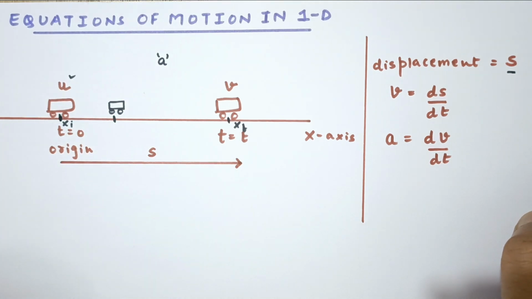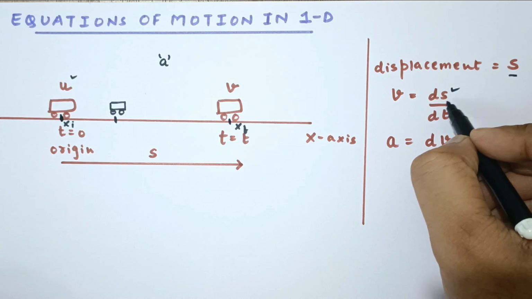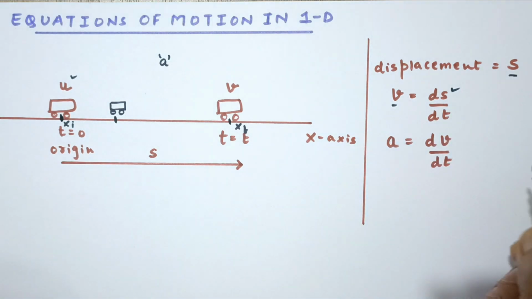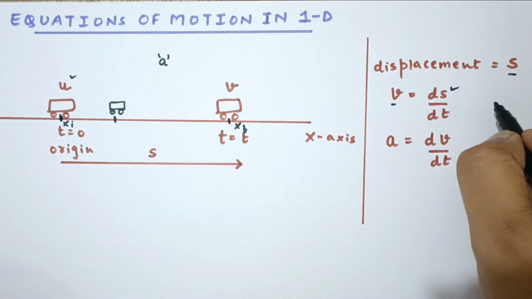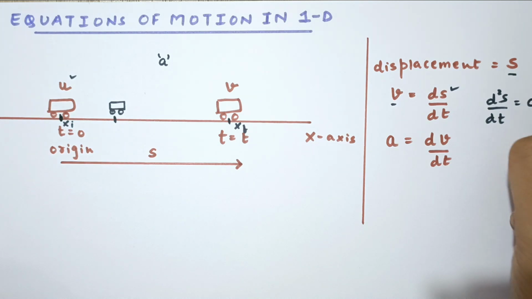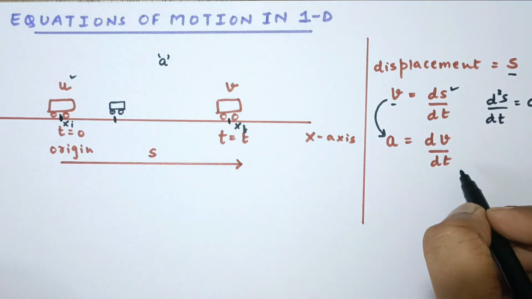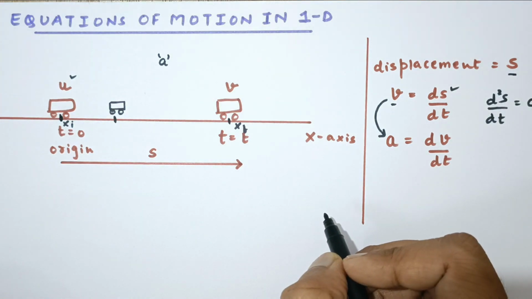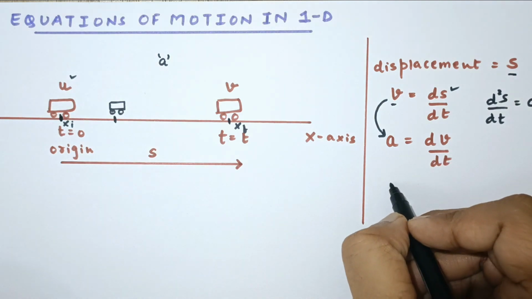We do know that the first order derivative of displacement or position is the velocity, and the second order derivative of the displacement, that is d2s by dt2, is acceleration. Or if you differentiate velocity one time with respect to time, you get the acceleration. Now there is another version of acceleration.